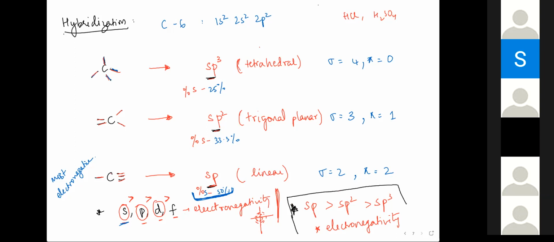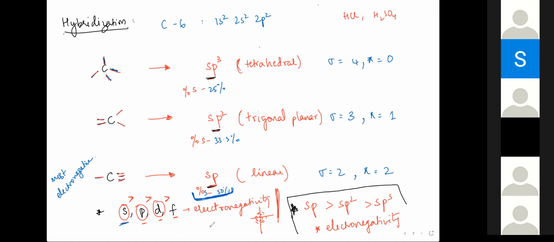Ma'am, sure. Sorry, the s is more electronegative because it attracts the electrons, right? That is why it is the most electronegative. It has a tendency to hold on to the electrons the best. Is it not related to attraction of the electrons?